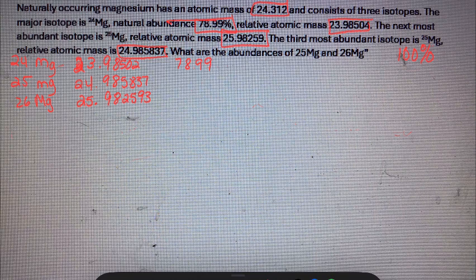When you do that, you're going to get about 21% left. So the 2 of these isotopes have to equal 21.01%. I'm going to call this one X, and I'm going to turn this into a decimal because that's how we do it here.